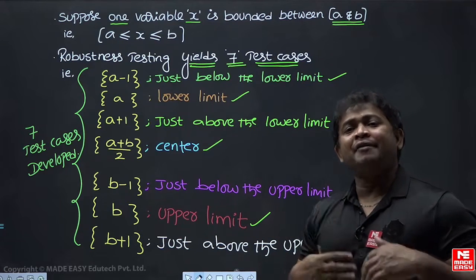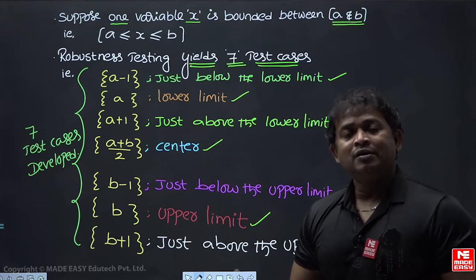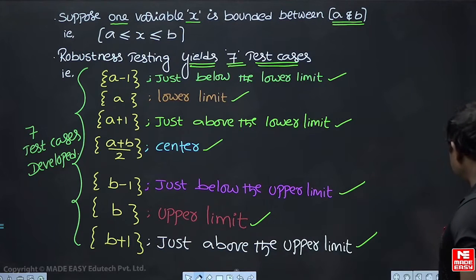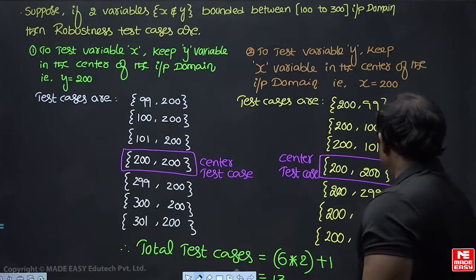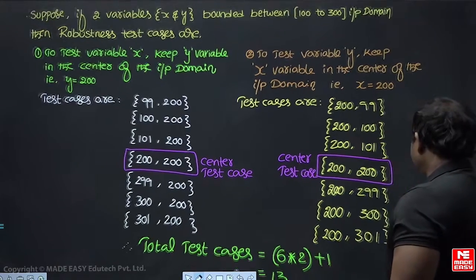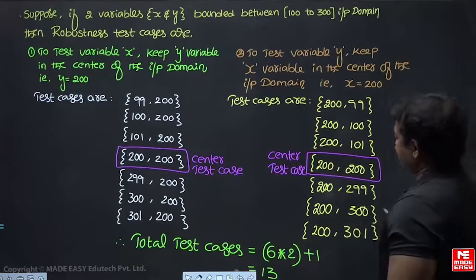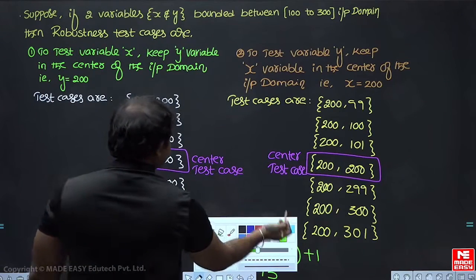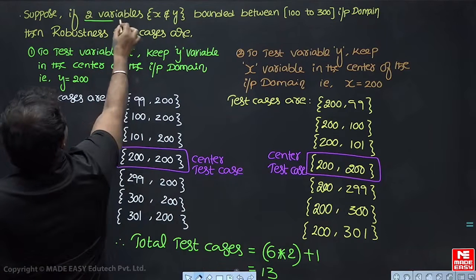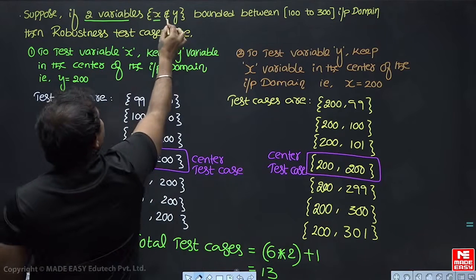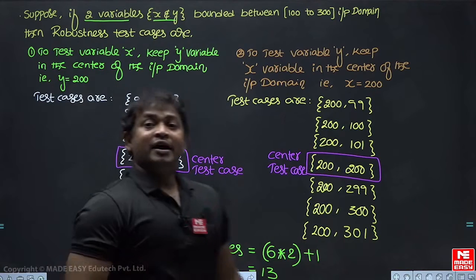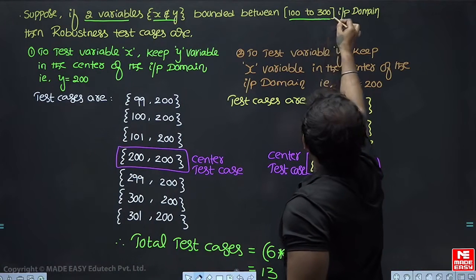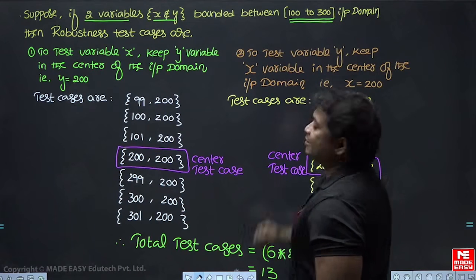Suppose the program has more than one variable, how many test cases are needed? Now see this. Suppose we have a program with 2 variables, x and y. These 2 variables are bounded by the input domain 100 to 300.